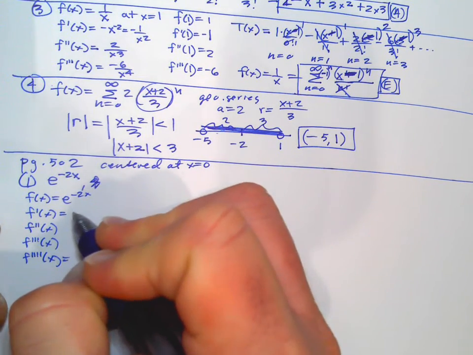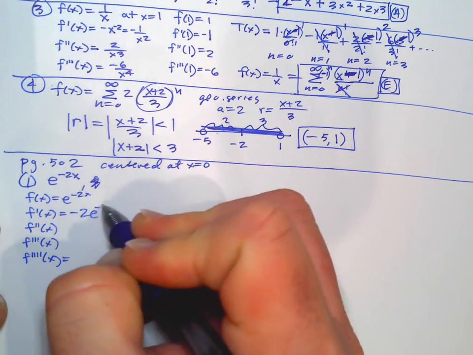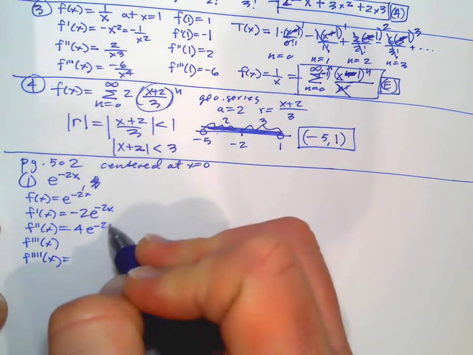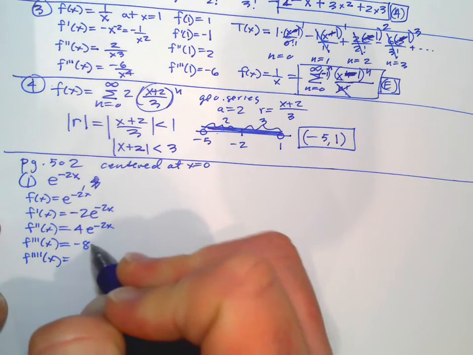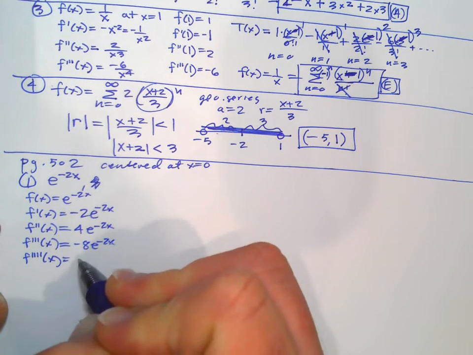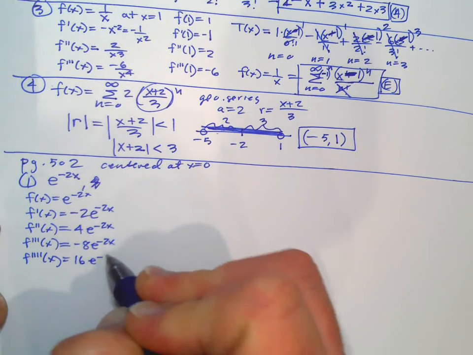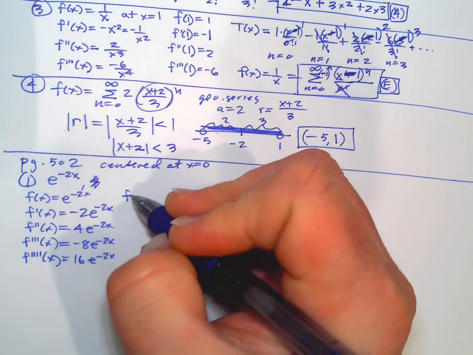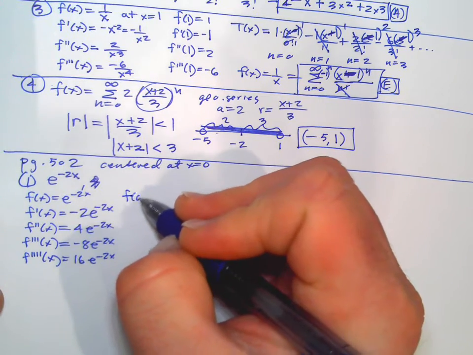And this is going to be negative 2e to the -2x, and this is going to be positive 4e to the -2x, and this is going to be negative 8e to the -2x, and this is going to be positive 16e to the -2x. Not too bad. Sometimes it gets really bad. The derivatives are bad, and then we're going to plug 0 into all these.